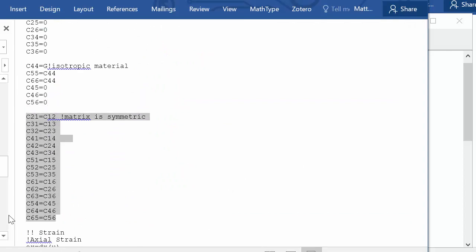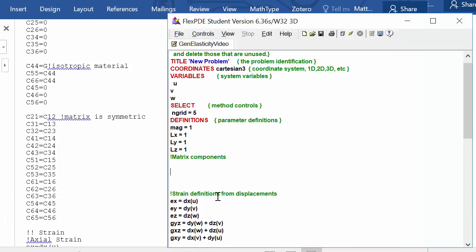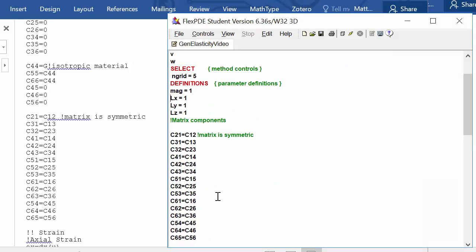So from the matrix being symmetric, we can save ourselves all the bottom part of the matrix. So this just asserts the symmetry, and now we just have to type in the top components of that matrix itself. Okay, so let's go to the particular problem that we've got.